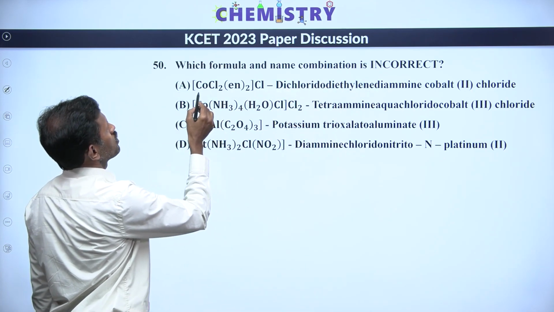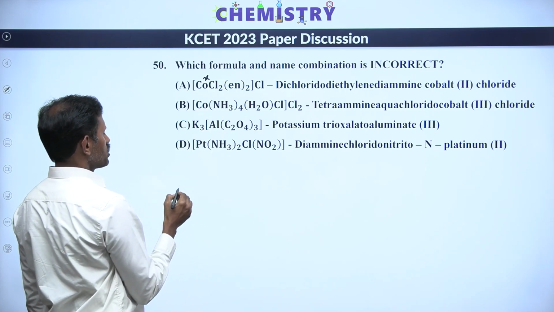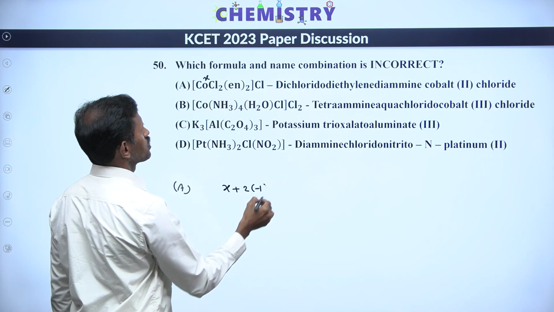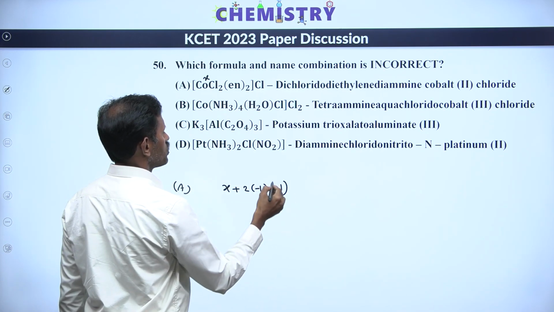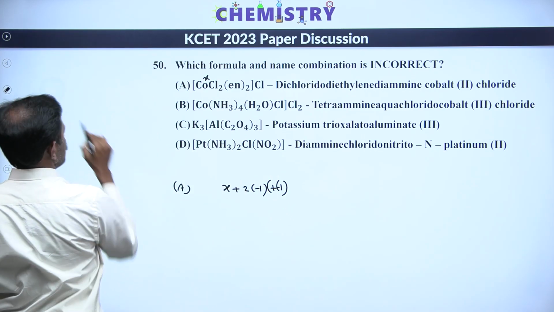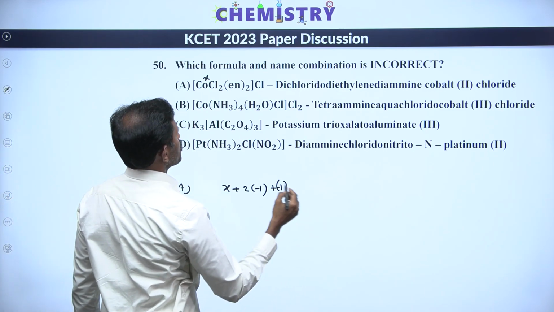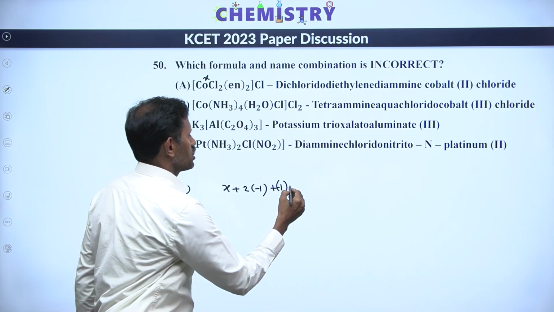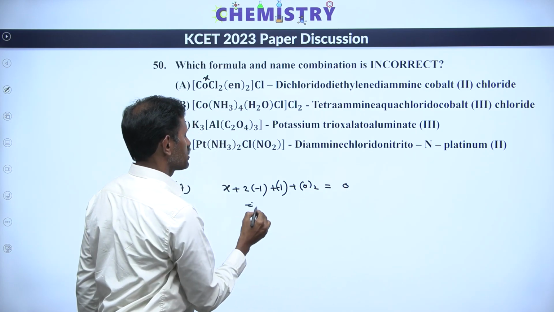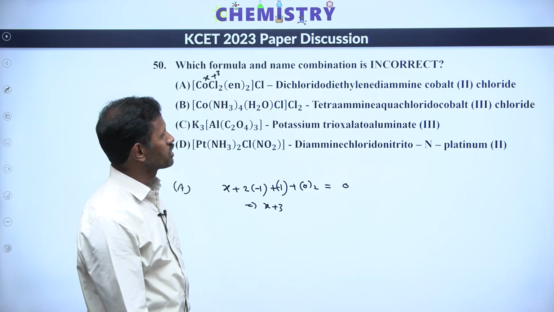Here, if we observe the first one, the oxidation number of cobalt is X. So, for option A, cobalt oxidation number X plus 2 chlorides, 2 into minus 1, and ethylene 1,2-diamine oxidation number is 0 into 2, which is equal to 0. That implies X is equal to plus 3.